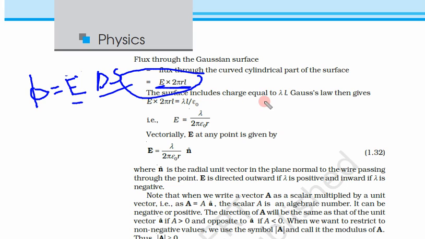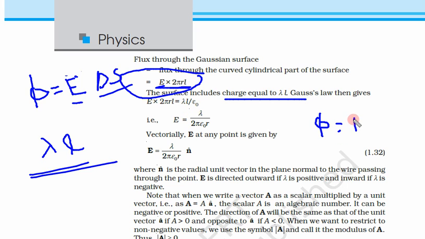The surface encloses charge equal to lambda L, as I just explained. Putting it in Gauss law: what is Gauss law? Phi is equal to E dot delta S is equal to charge enclosed divided by epsilon naught. Now E delta S is E into 2 pi R L, the surface area of the cylinder, and the charge enclosed is lambda L upon epsilon naught.